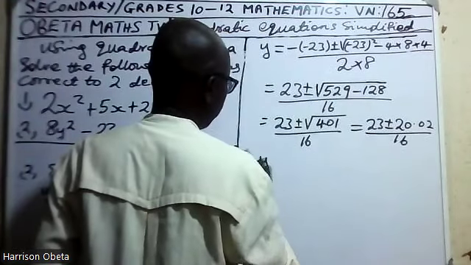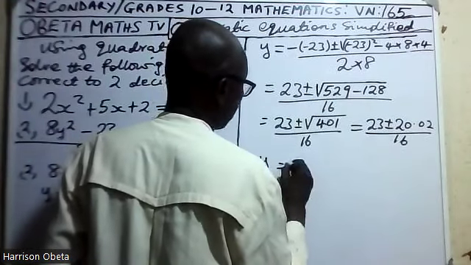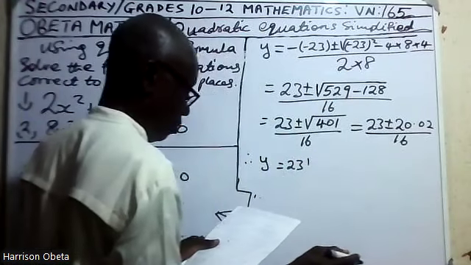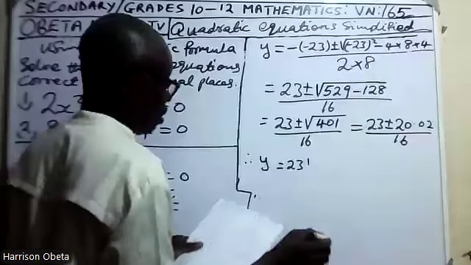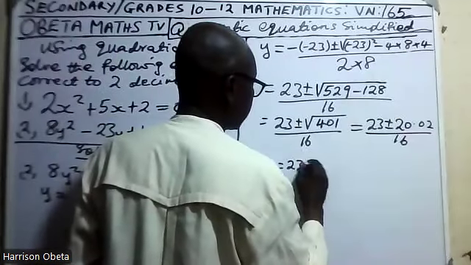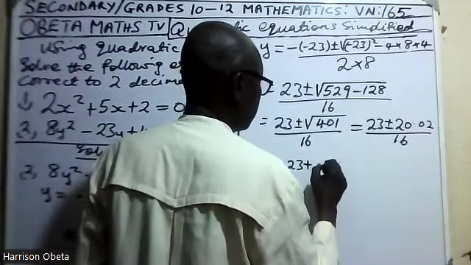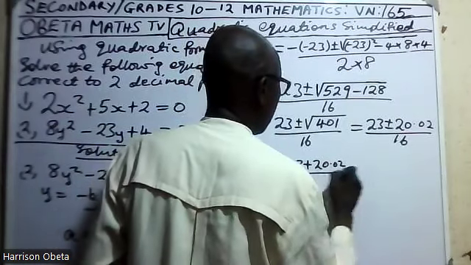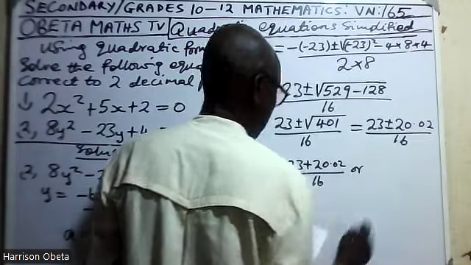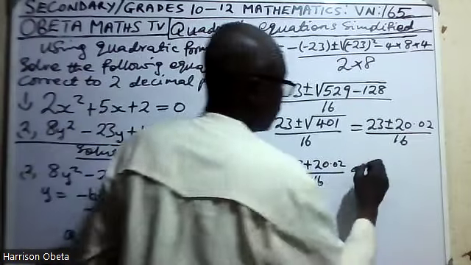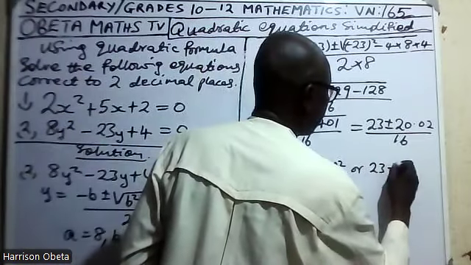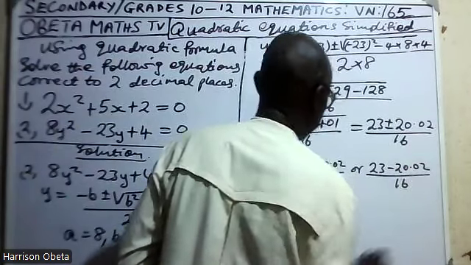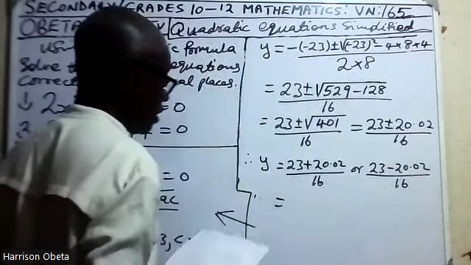Therefore, y is equal to 23 plus 20.02 all over 16, or 23 minus 20.02 all over 16.